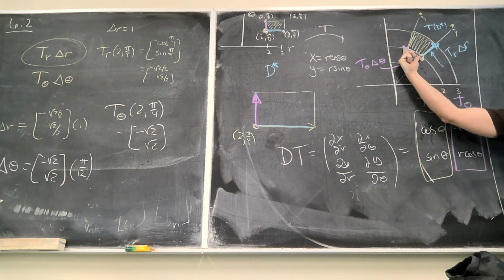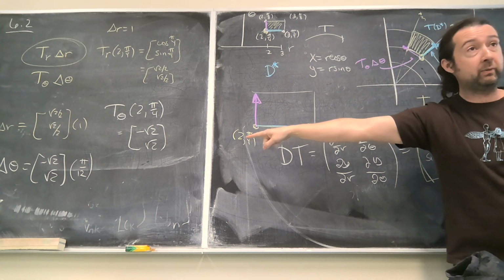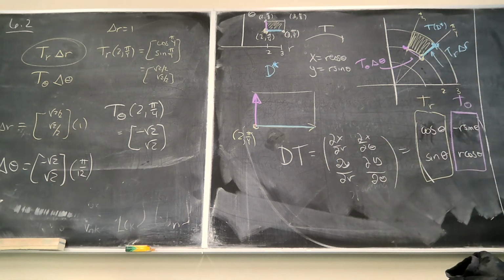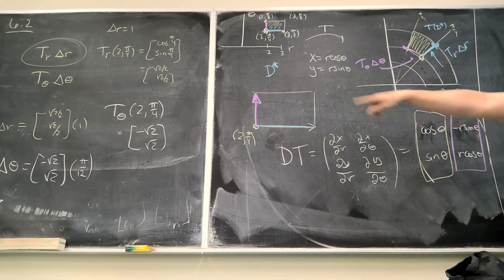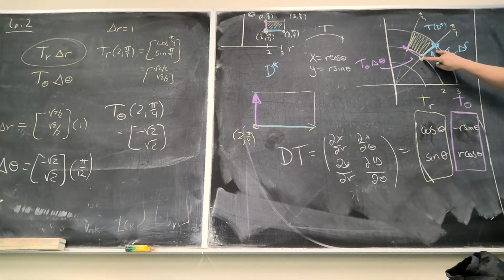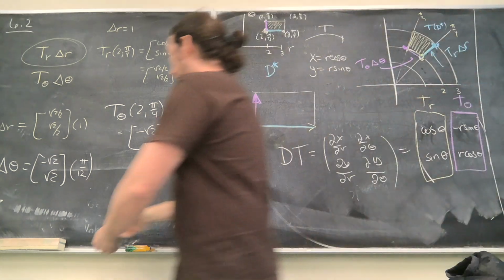That's the vector pointing in the direction I want, and it's scaled by the pi over 12 to get it to be the right length. And the claim of this whole technique, using these derivatives to produce these vectors, this local framework, is that it gives me a parallelogram that has about the same area that the yellow region did. And I can demonstrate that. So let's actually just do it.